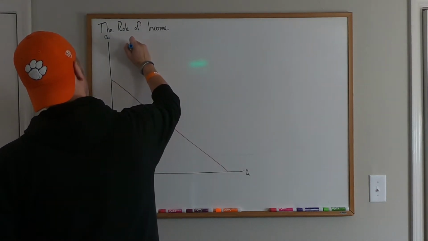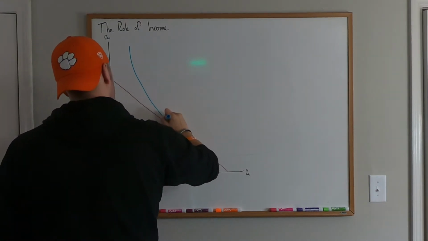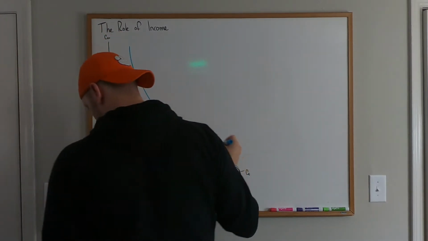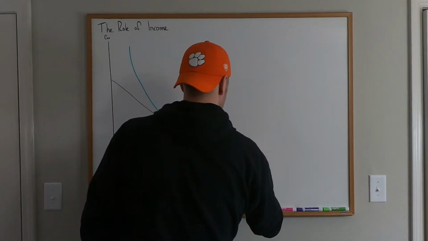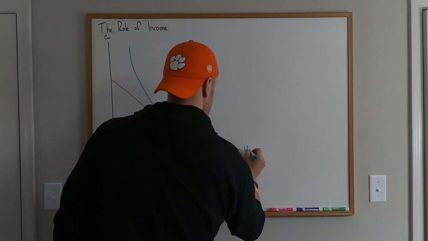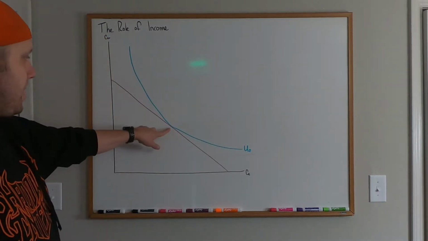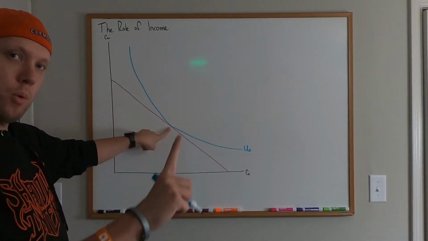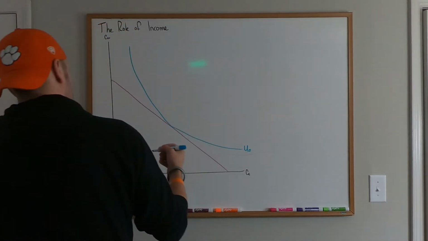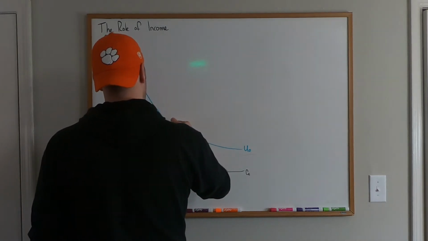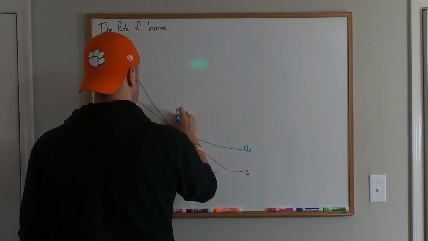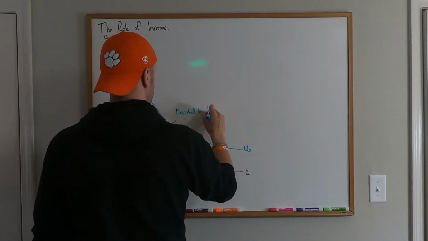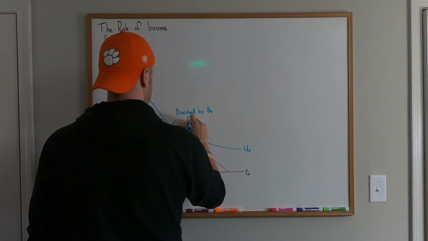And we talked about how there were a continuum of indifference curves. So we can call this U naught. All right, this point of tangency, where the budget constraint touches the indifference curve at only one point, is the point that is defined or described by the Euler equation.